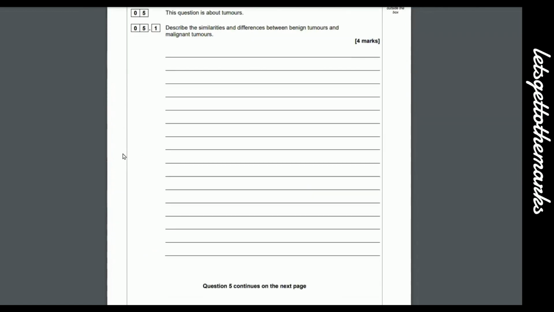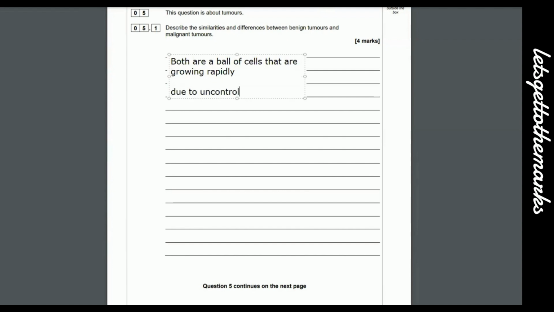Question 5. This question is about tumors. Describe the similarities and difference between a benign and a malignant tumor. So, similarities: both are a ball of cells that are growing rapidly due to uncontrolled mitosis or cell division.